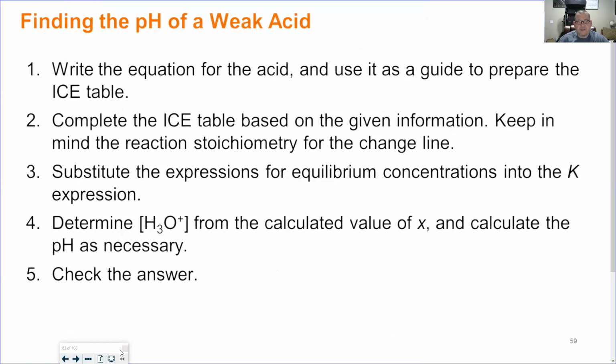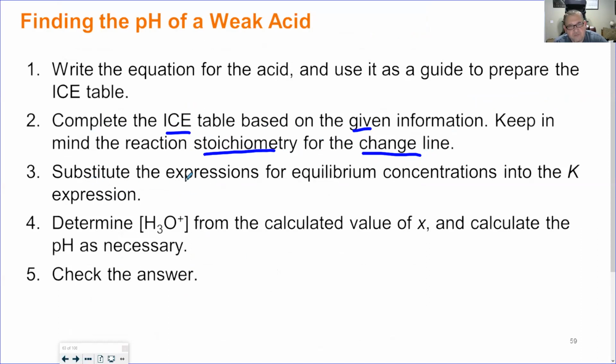So if we want to find the pH of a weak acid, what we have to do is set up an ICE table and use it as a guide to understand the ionization that's occurring. So we complete the ICE table based on the information that's provided to us. We have to keep in mind the stoichiometry in the change line, so where we have minus X or plus X or minus 2X.